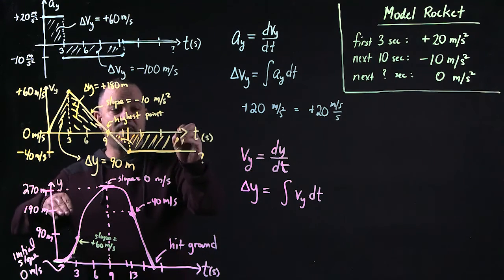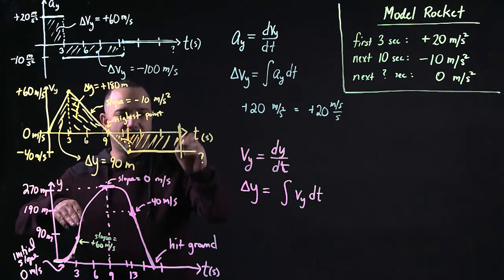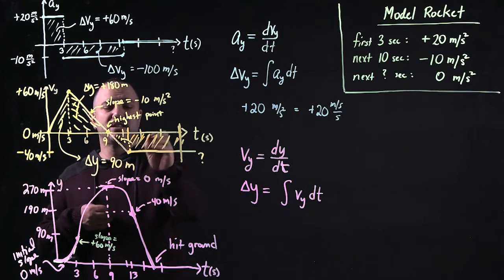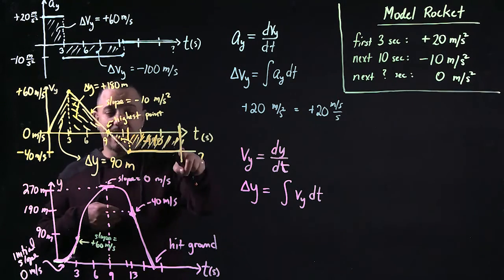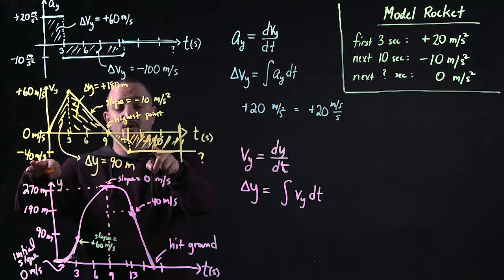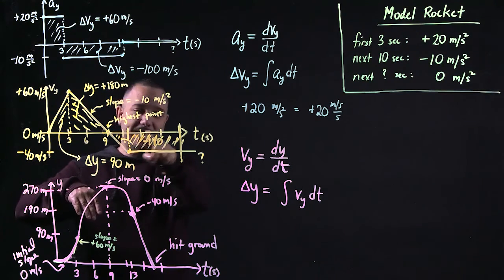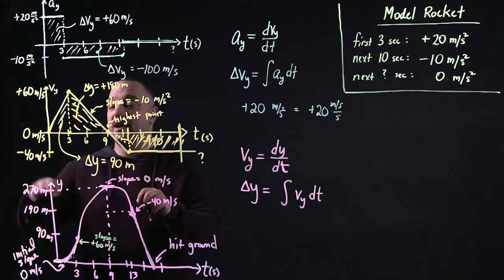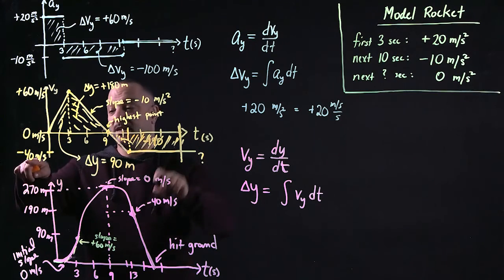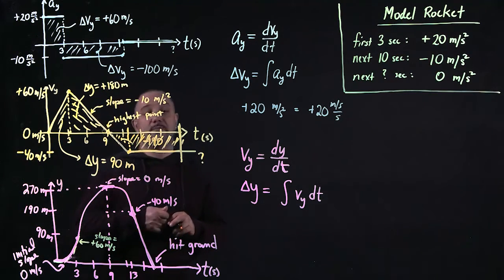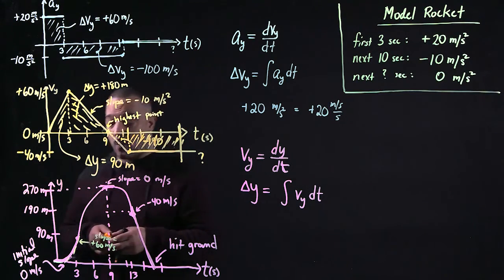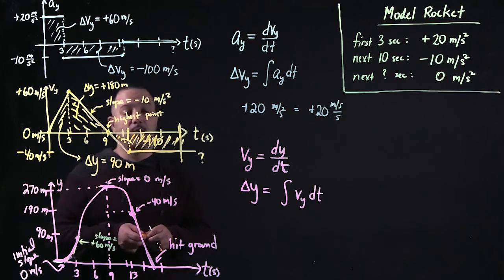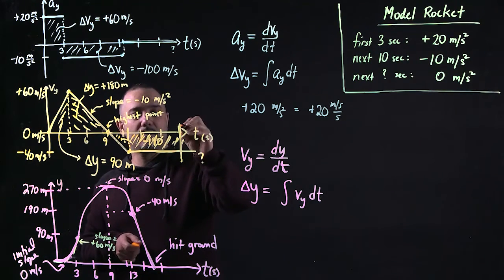That will tell us what time it is. We need to go out far enough such that this area is negative 190. This is a rectangle, so what base will give us an area of 190 with a height of that rectangle being 40? That's just going to be a time of 190 over 40, so 19 over 4.